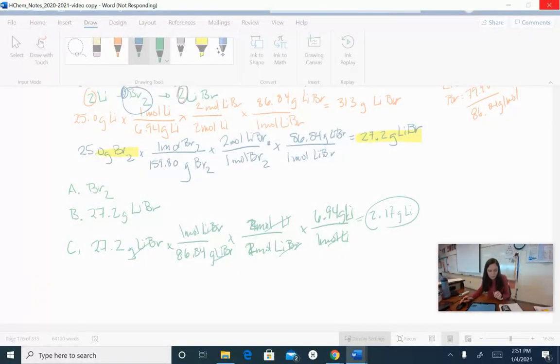Now, notice I only can go to the 10th because this 25 right here only goes to the 10th. Wow, my computer is taking a long time to think.